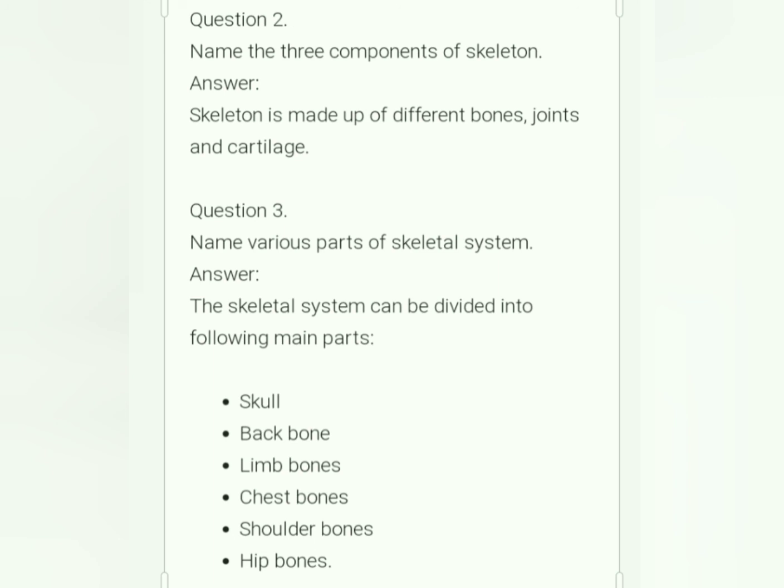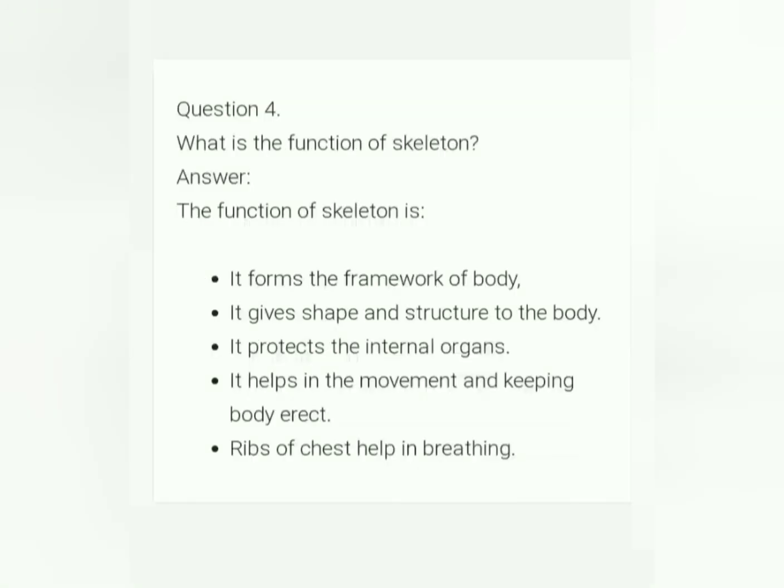See the answer. The skeleton system can be divided into the following main parts. From the top, skeleton contains skull, next backbone, limb bones, chest bones, shoulder bones, hip bones. These are all the parts of the skeleton. We say skeletal system.